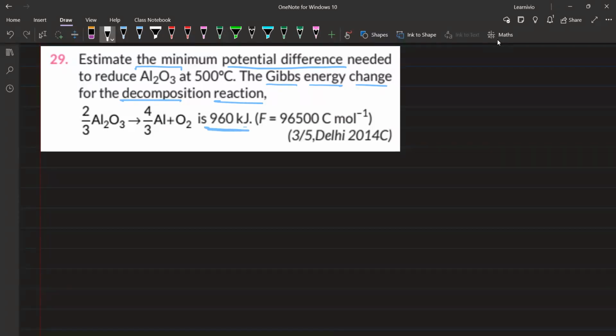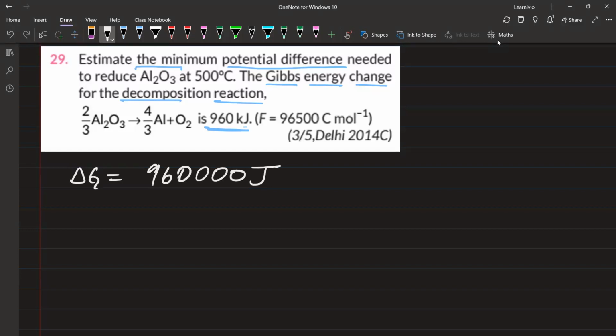Now what we have is delta G, which is equal to the Gibbs energy change. It is positive, right? Delta G is equal to 960. By the way, I need to put 3 more zeros, joules, because we will get it in joules and then convert that to kilojoule.